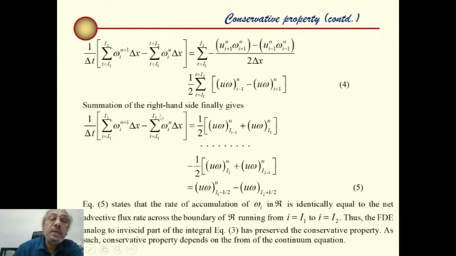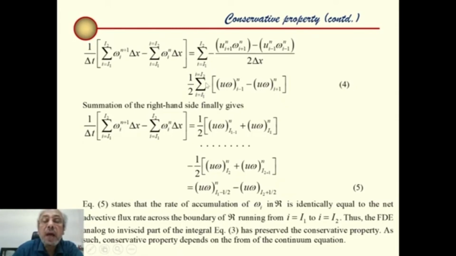So the left hand side we are not changing. On the right hand side, this flux says if we now vary I, if we write I equal to I1, then it is I1 minus 1, and this will produce I1. Next term, we can write I equal to 2, so then it will be I1 minus 1 to I1 plus 1, that means I1.